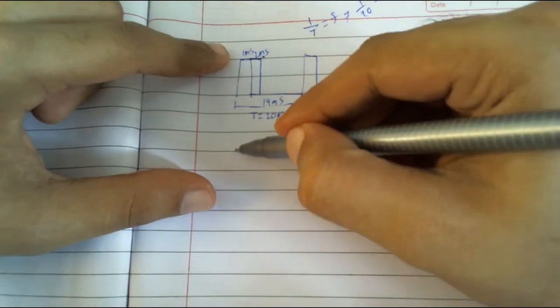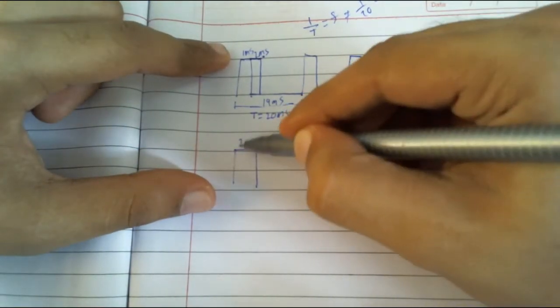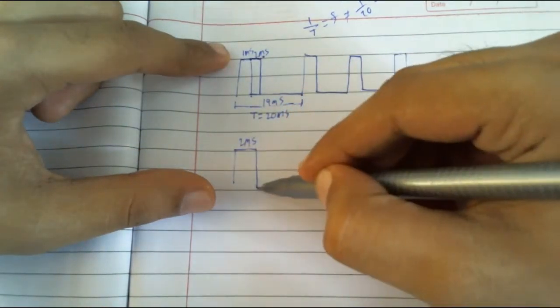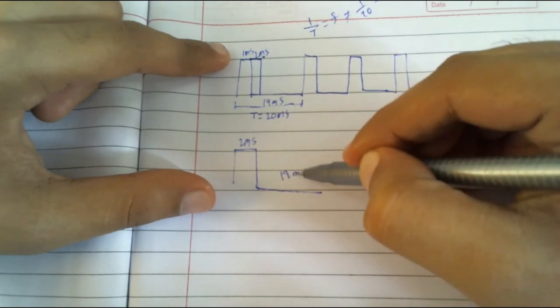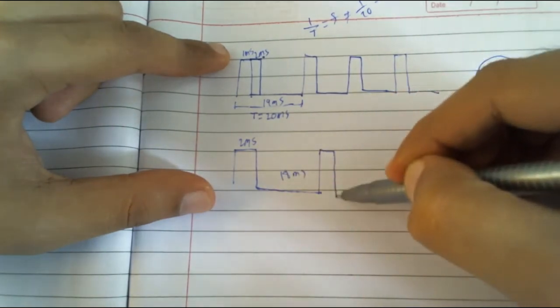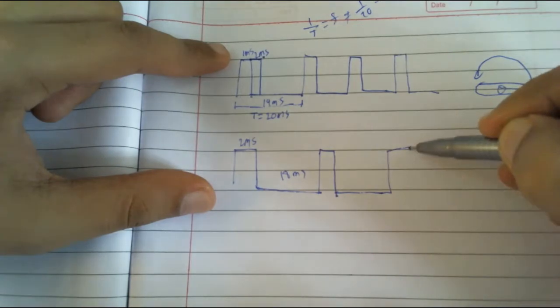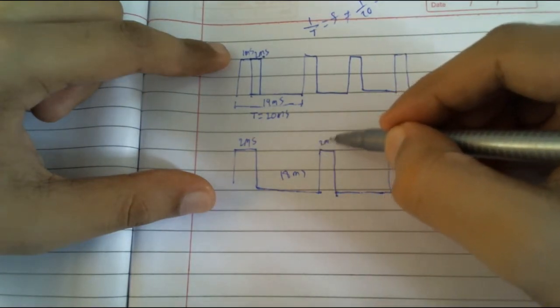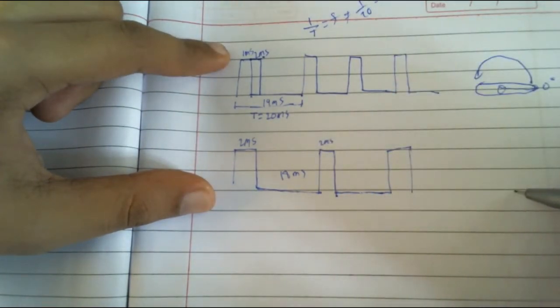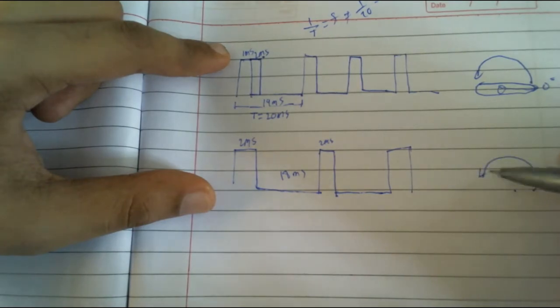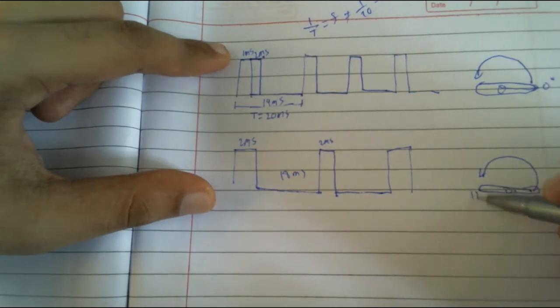So if we generate a timing signal of 2 milliseconds on time and 18 milliseconds off time, and keep generating this signal, the motor will rotate completely in the opposite direction to 180 degrees.